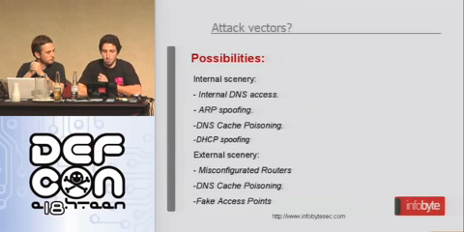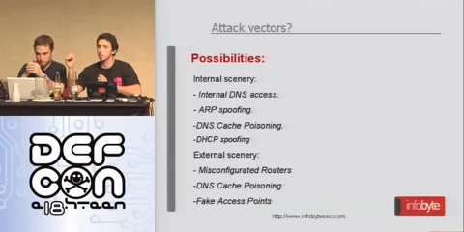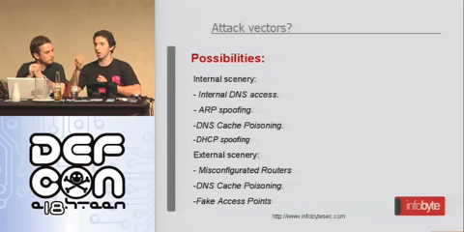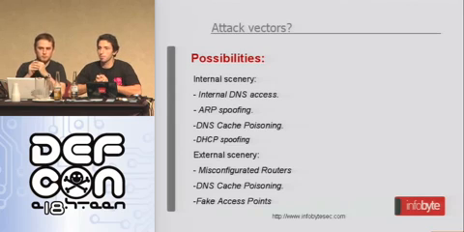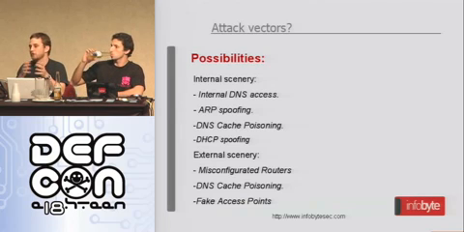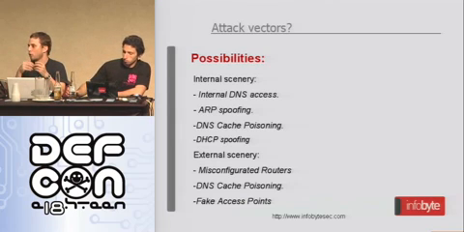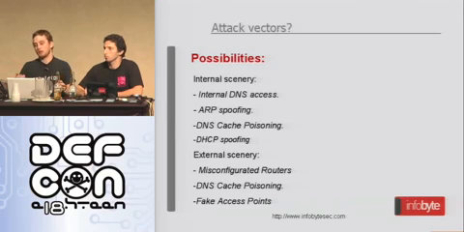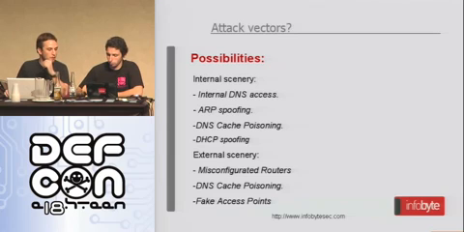The different scenarios: in internal scenarios you can do ARP spoofing or DNS cache poisoning. You can create a fake wireless access point. Also, imagine how many DSL routers are out there without any kind of password, or using the default password. So you have 52 reasons to make a little botnet in just a few hours of scanning.